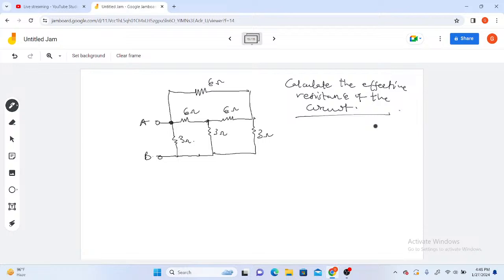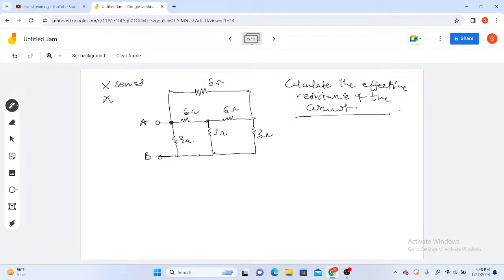Once there is a node, they can't be in series, but they can be parallel. But that doesn't mean they are. We traverse through their paths and see if these two are the only elements in the loop. Upon traversing, we realize that we encountered a third resistor here, 6 ohm. For that reason, this and this are not in parallel. So they are not in series.